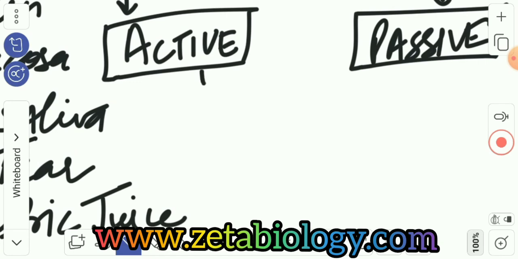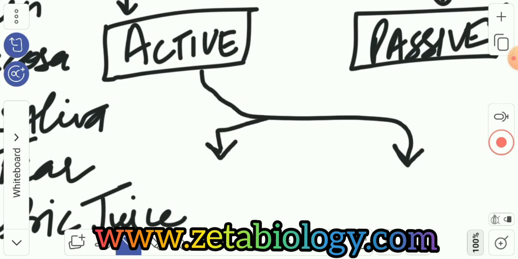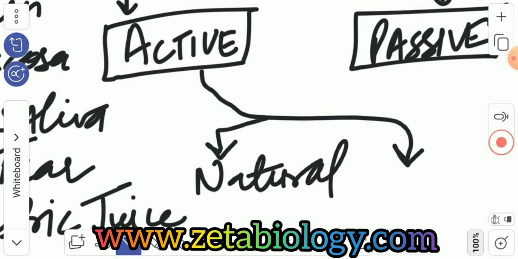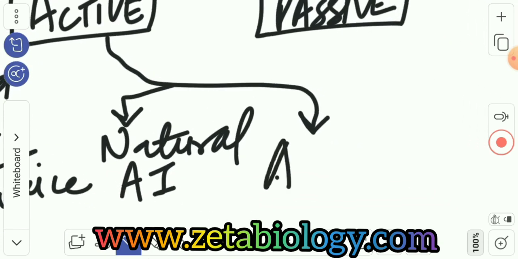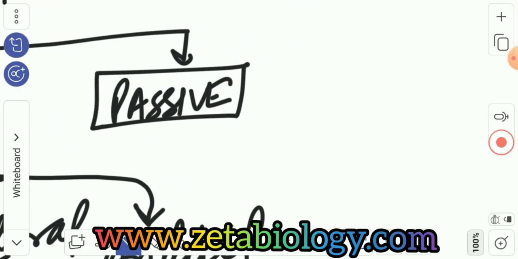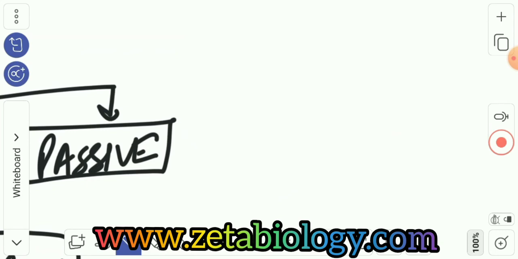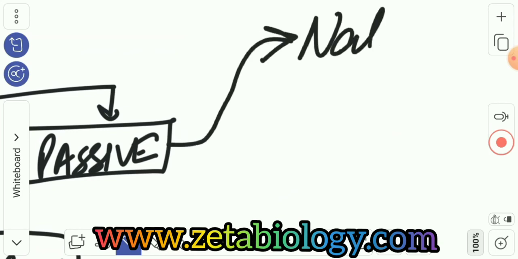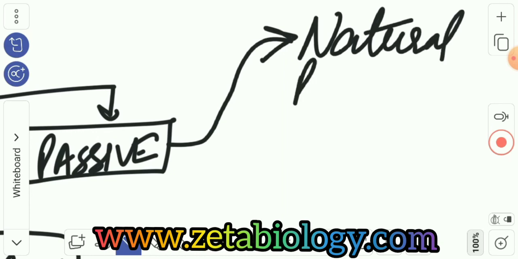Active immunity is further divided into natural active immunity and artificial active immunity. So this is the basic outline. Passive immunity is further divided into natural passive immunity.